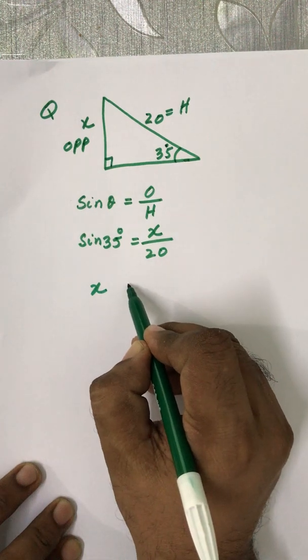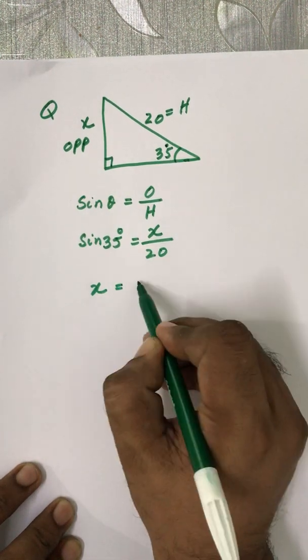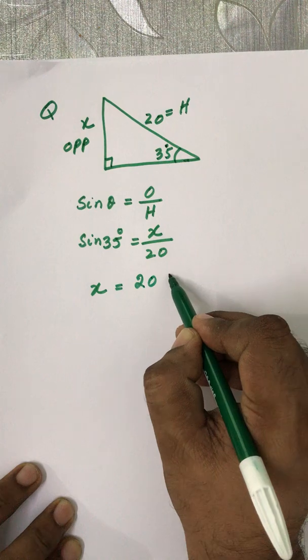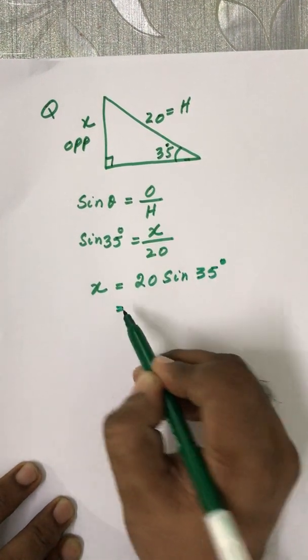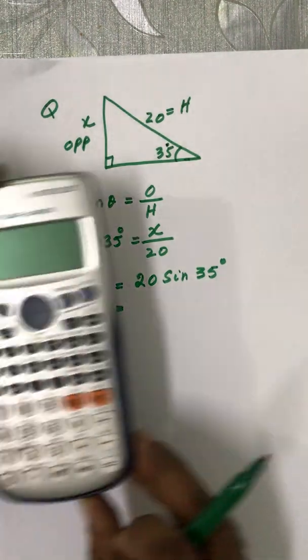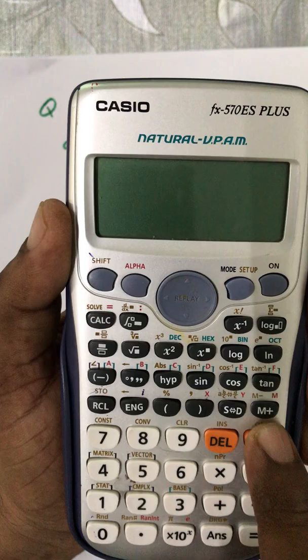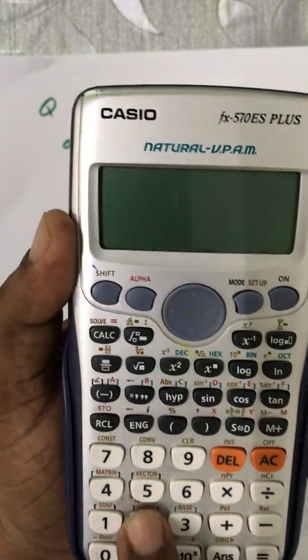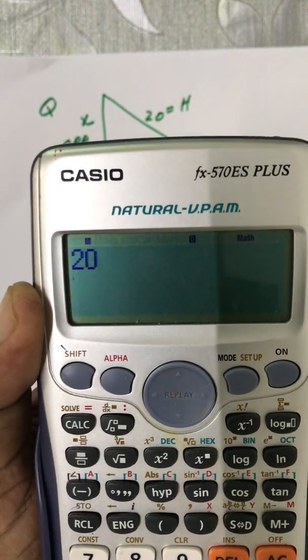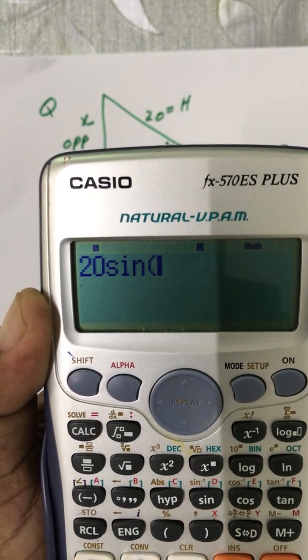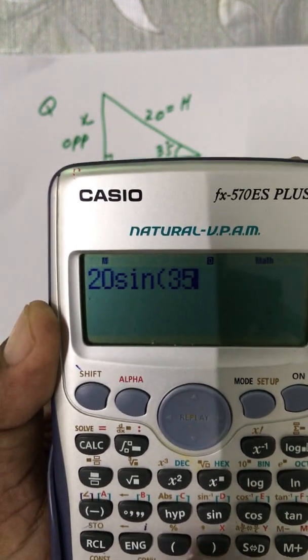X is equal to, there will be a cross multiplication, simple mathematics: 20 sine 35 degrees. Use your calculator to get the answer. We will do 20, sine, 35.